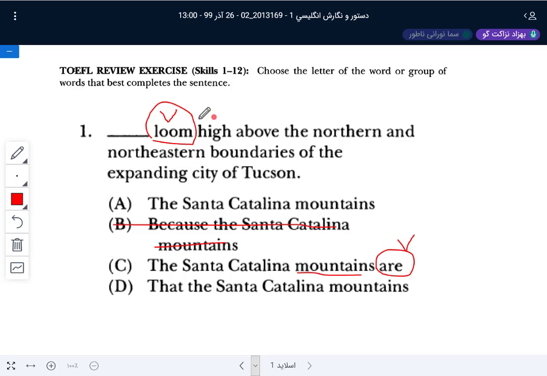As you see, it is not a passive. If we had the be verb, we expected to see the ed form of this, but we don't have it. So we have two verbs. So this is not a past participle. So we can say that choice C is not a good choice because we have one subject, two verbs. So this is not acceptable.